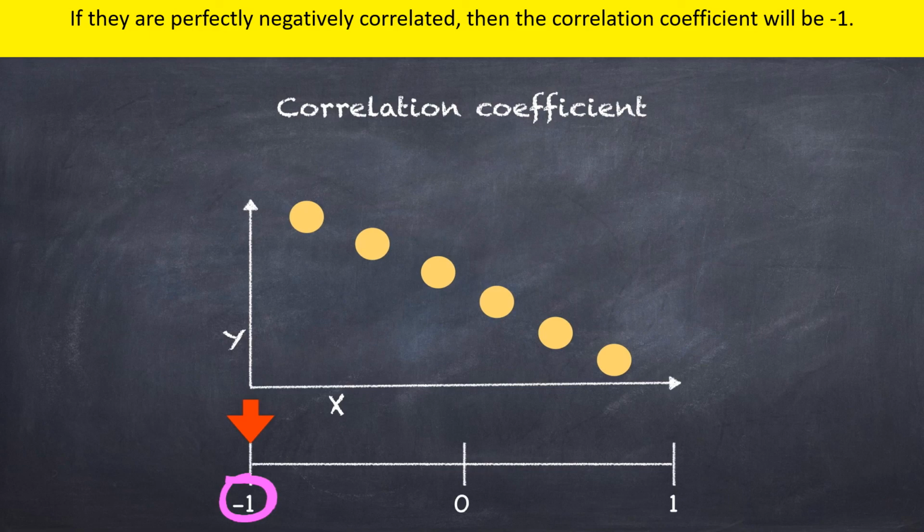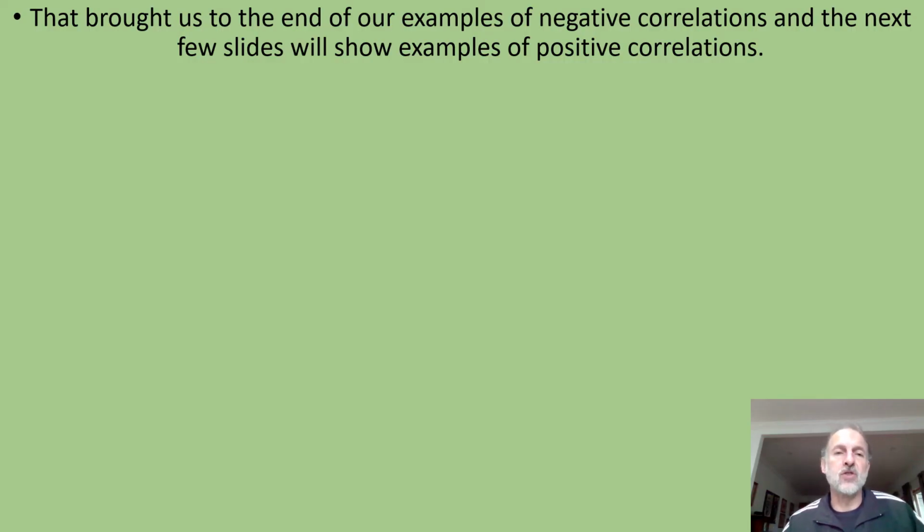Look at the magenta circle. All the examples that you've seen so far have been about negative correlations, but basically this was the end of those examples, and the next few slides will show examples of positive correlations.